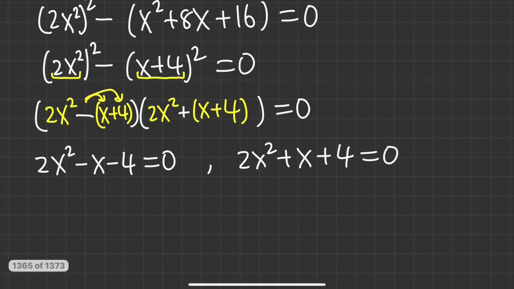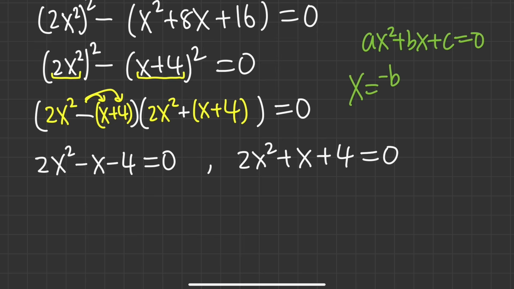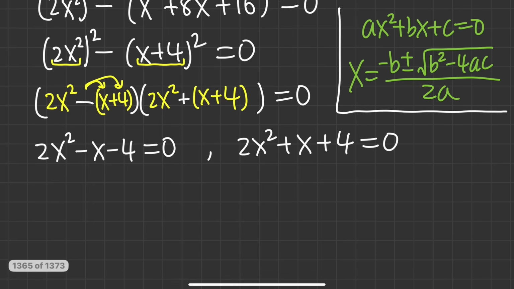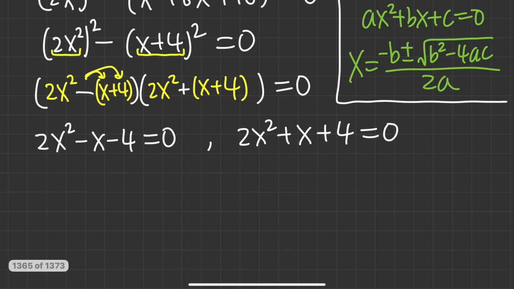And let me remind you guys, when we have the quadratic equation in the standard form, x equals negative b plus or minus square root of b squared minus 4ac, all over 2a. And this is the quadratic formula that you need to know. For the first one, let me just write this down right here. X will be negative b, and b is negative 1 right here.